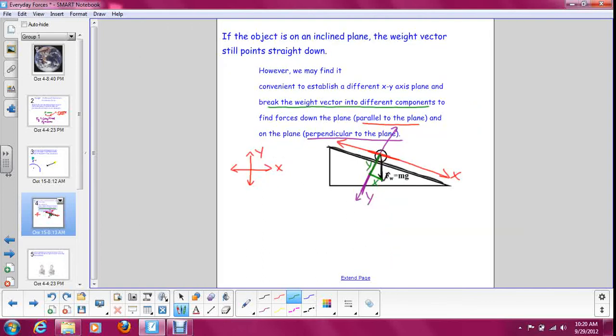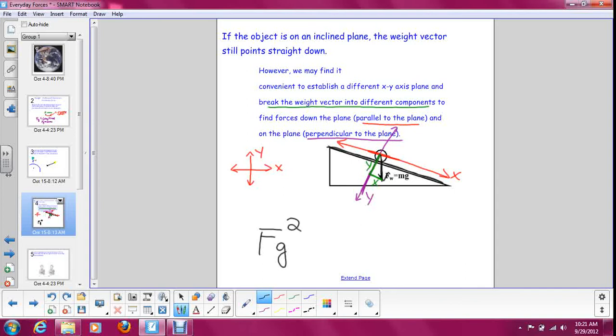And hopefully you all remember from math class that in order to find the force of gravity here, we have to use the Pythagorean theorem. The Pythagorean theorem tells us a squared plus b squared equals c squared. And a squared and b squared are the smaller sides that are at 90 degrees, and c squared is our hypotenuse. So in this case, that is our force of gravity. Our force of gravity is c.